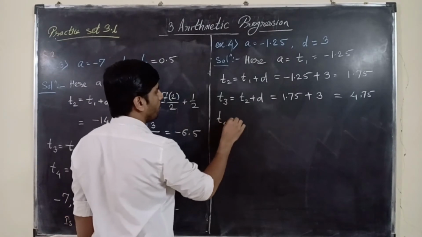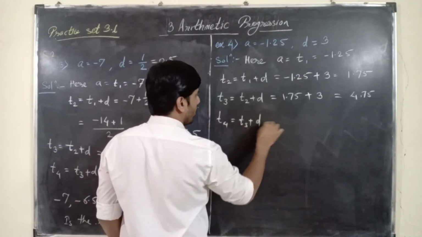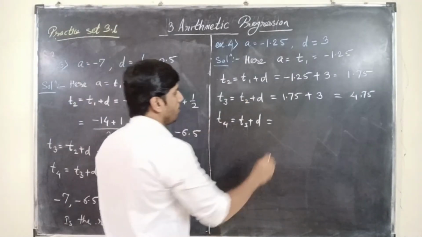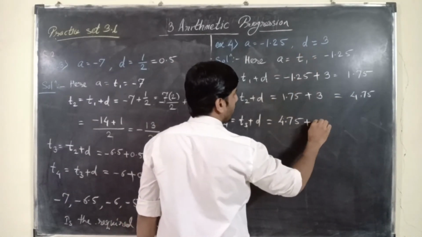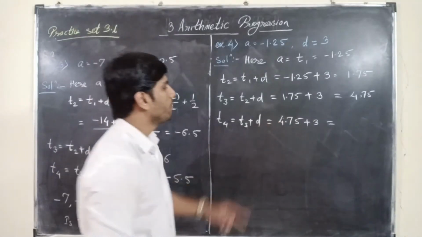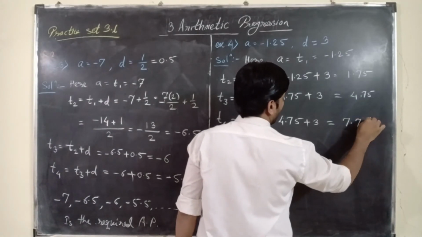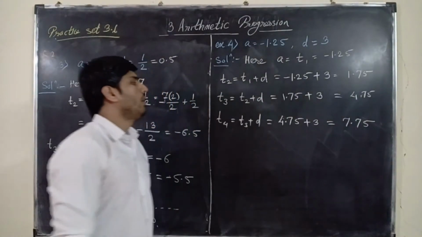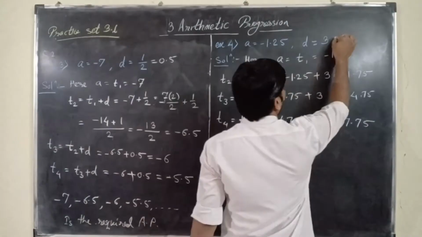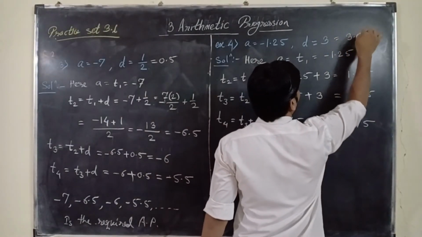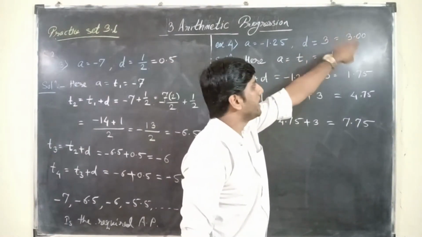Now to get T4, again we will write T3 plus D. T3 we have got here, that is 4.75 plus common difference is 3, and here we will get 3 plus 4, that is 7, plus 0.75, 7.75. So here 3 is written, so 3 also can be written as 3.0 or 3.00, because 0 occurring after decimal point has no value.